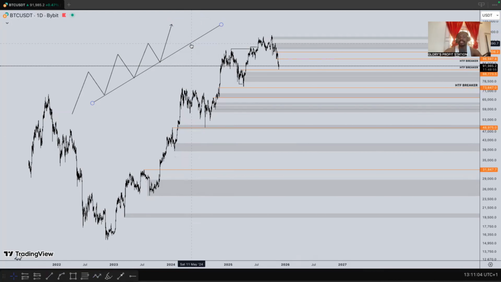Now, going off of the concept of trend lines, obviously we can see that this market has been trending to the upside. We have these highs and lows. So we have high, we have low, we have high, we have low, we have high. And if you zoom out a little bit and apply your trend line, let's say from all the way down here, we can see something that looks like this.